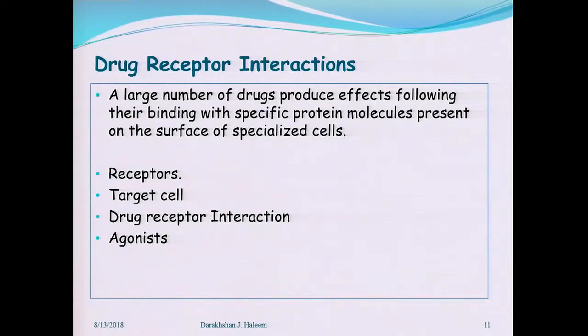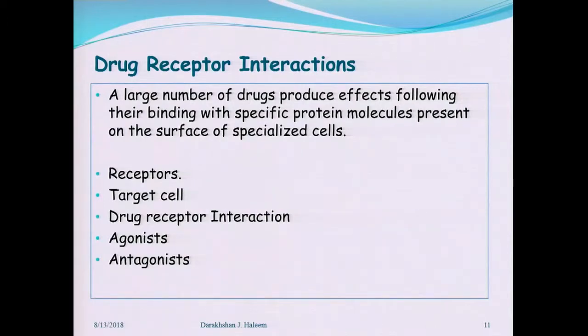They are called agonists. Drugs which bind with the receptor sites but produce no response are called antagonists. They bind with the receptor sites, but produce no response.